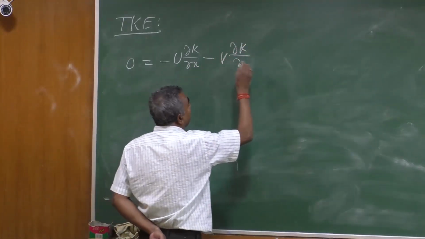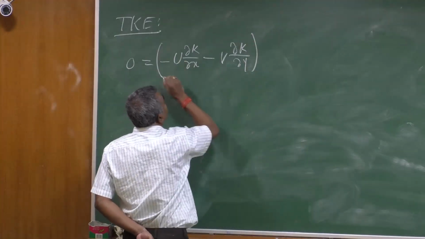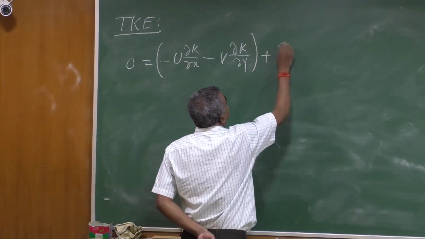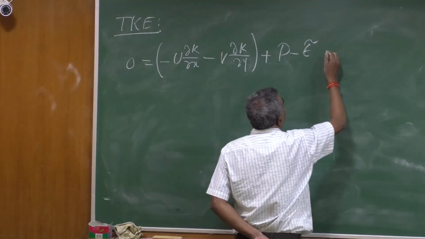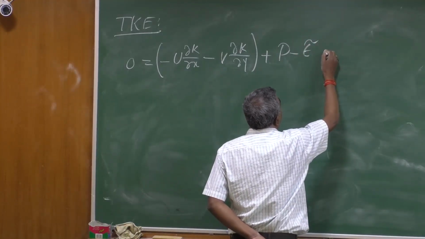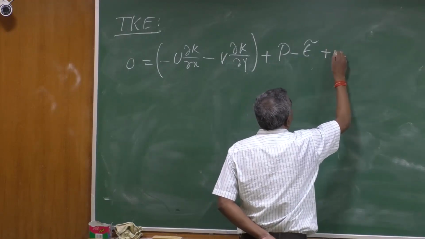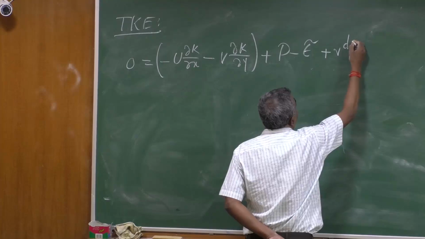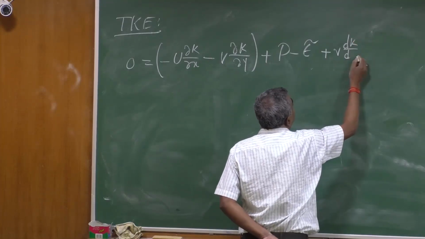Here K is the turbulent kinetic energy. Okay. Production minus the pseudo dissipation, then what else you get: since you are using pseudo dissipation, there should be a diffusion term here. Okay. So, dk dy.